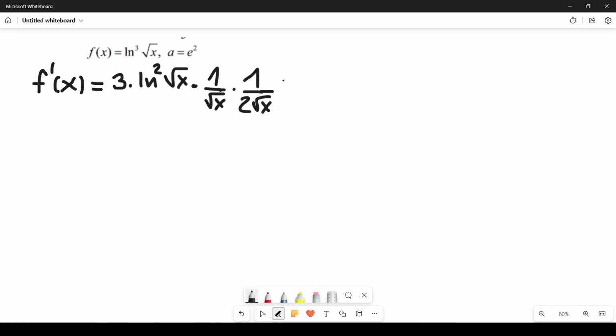And this thing is going to give us 3 times the natural logarithm of square root of x, squared over 2, because we have 2, square root of x times square root of x is just x, and we're writing x down. And that is our first derivative of this expression.